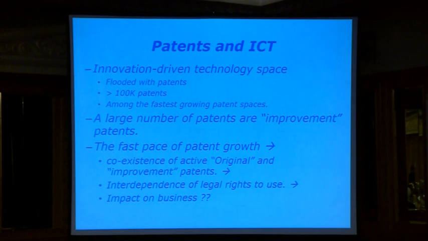Can we use it or not? And what is the impact of the new patent on the business? When we talk of developing new patents, let's bear this in mind: the new patents that we make, more often than not, will be improvement patents and will therefore have to coexist, at least for some time, with the original ones.